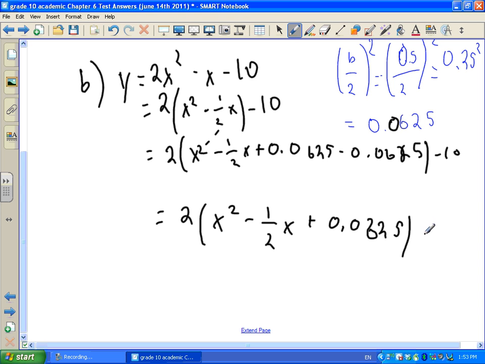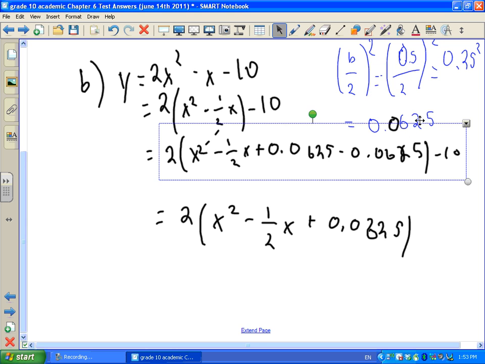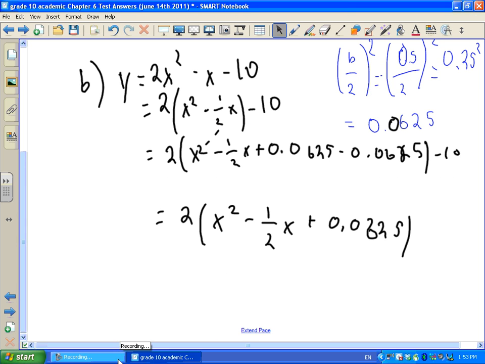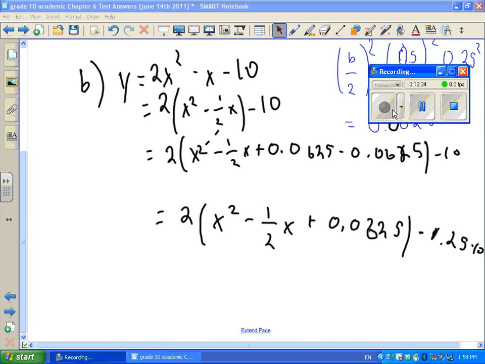Who can help me out? So it's going to be negative 0.125, and minus 10.